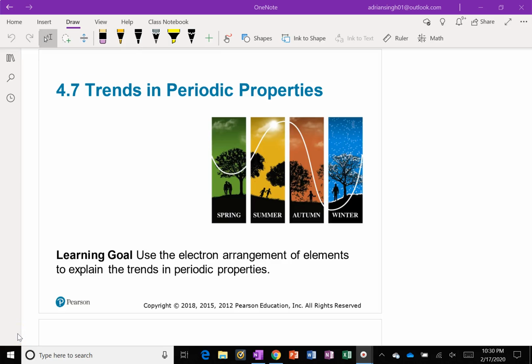All right, so the last section of chapter 4 is going to deal with a few of the trends in the periodic table. And when we look at the trends on the periodic table, we're going to focus in on the representative elements.